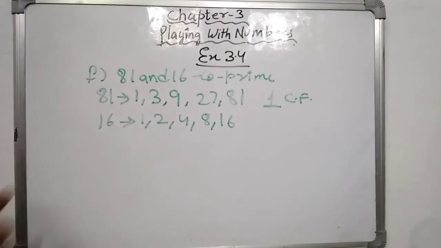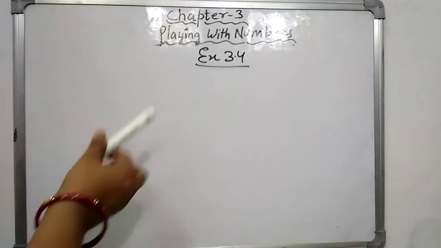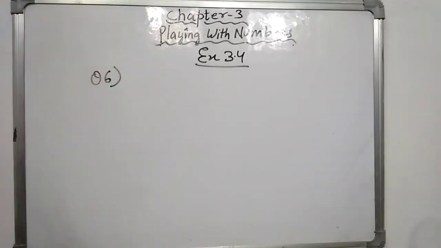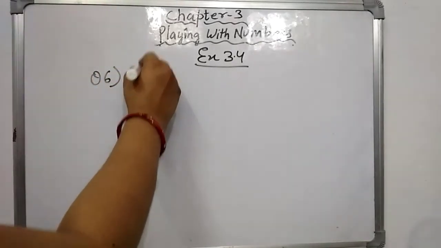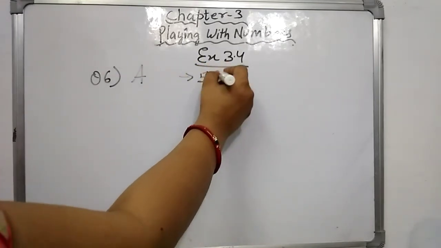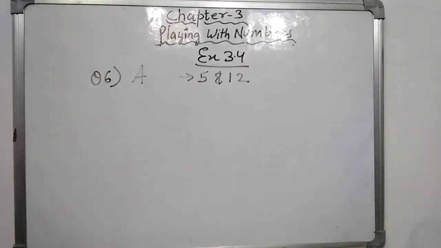Come to question number 6. A number is divisible by both 5 and 12. There is any number, let's suppose A. It is divisible by 5 and 12. By which other number will that number be always divisible? I told you a rule of divisibility.